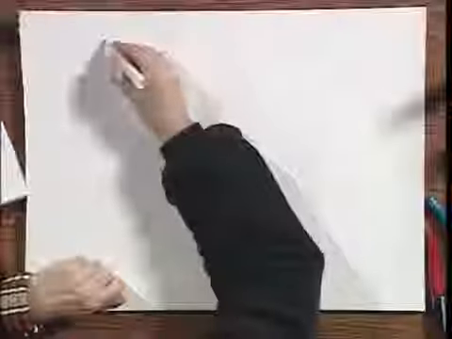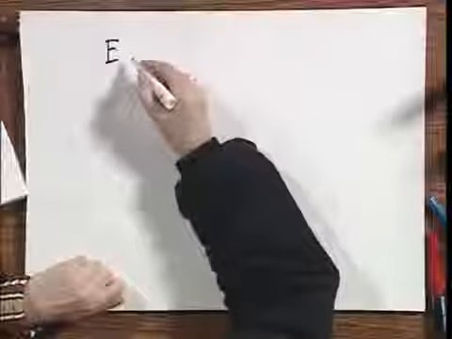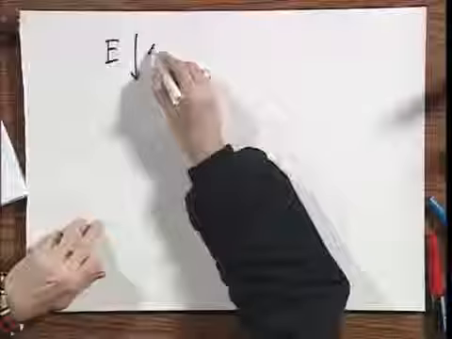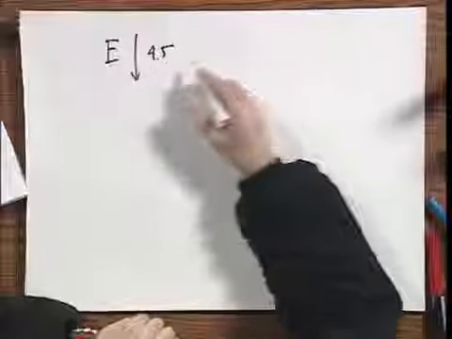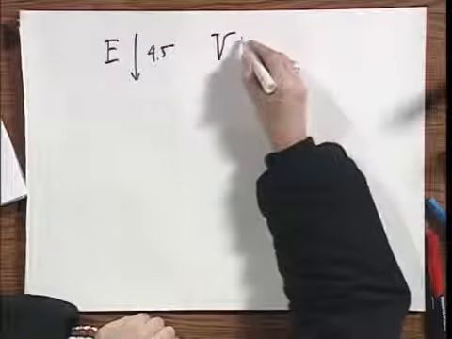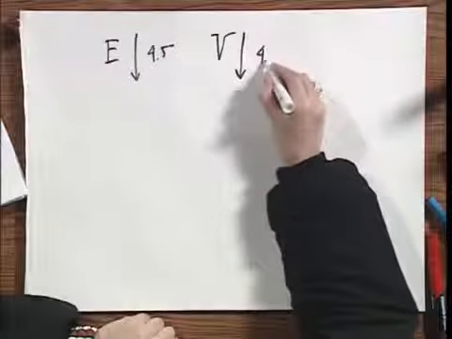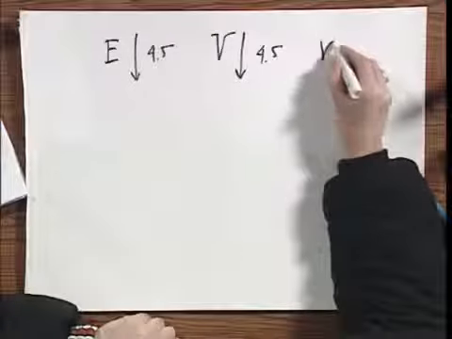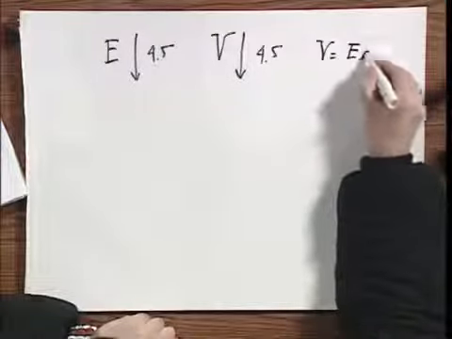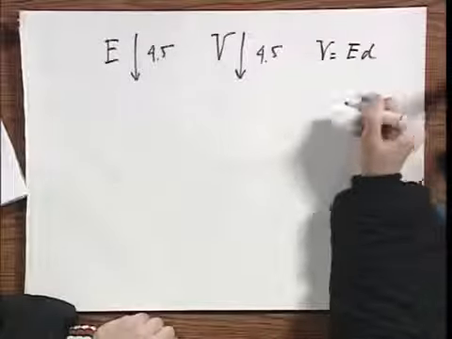And so if I summarize the situation, the E field, because of the dielectric, is 4.5 times lower than what it would have been if the dielectric hadn't been here. Therefore, the potential difference over the plates is 4.5 times lower, because remember, the potential difference is simply E times d, and d is not changing.